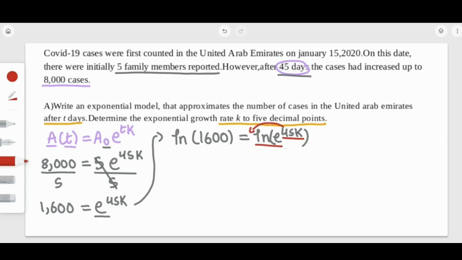So it's going to be ln of e alone and the 45k in the front. So ln of e is considered as 1 and you can cross it out. So we're going to be left with ln of 1,600 equals 45k since we moved the exponent.